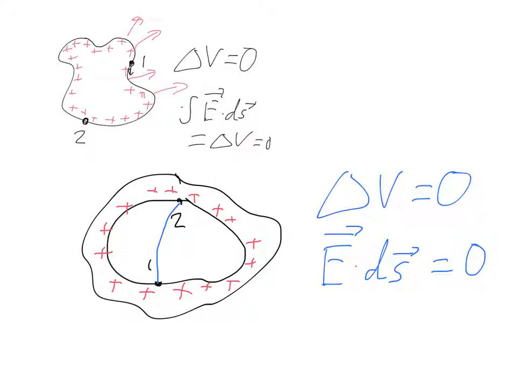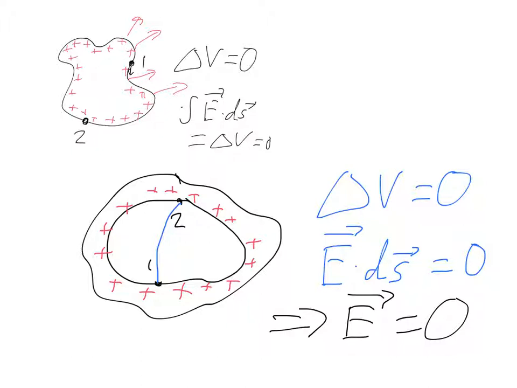Well, the only way that every possible path I might take from point 1 to point 2 gives me no change in potential, and so for this dot product to always be 0, the only way that's going to work is if the electric field inside the cavity is 0.